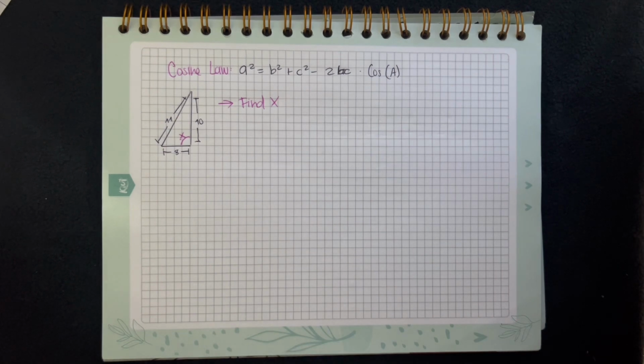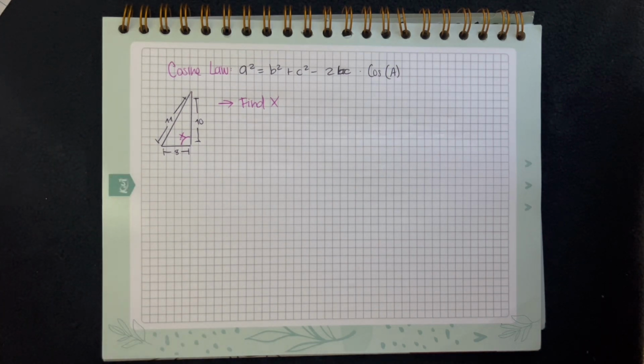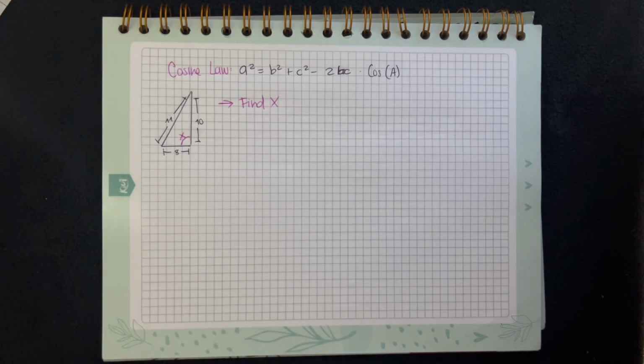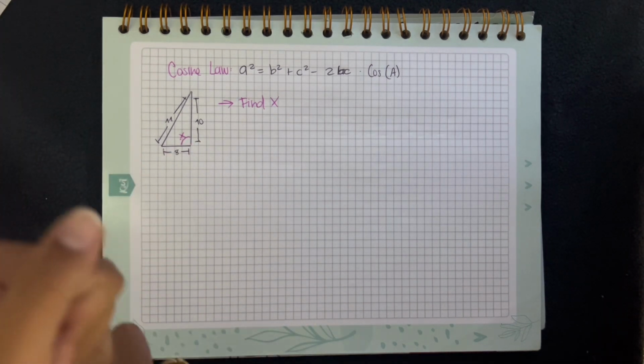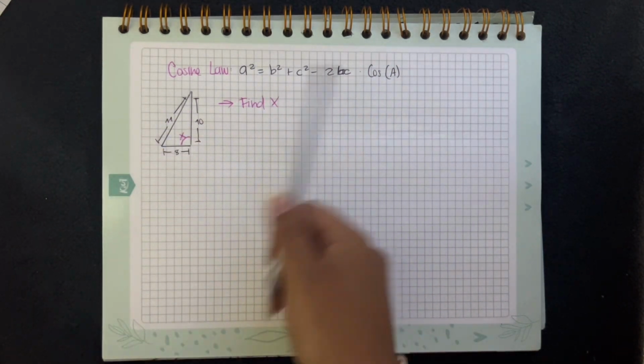In this case, the problem is asking us for finding the angle x. Remember that it's very important to know at least three values of the problem to use the cosine law. In this case, these values are 11, 10, and 8. So now that we identified these 3 values, we can replace the values in the equation.